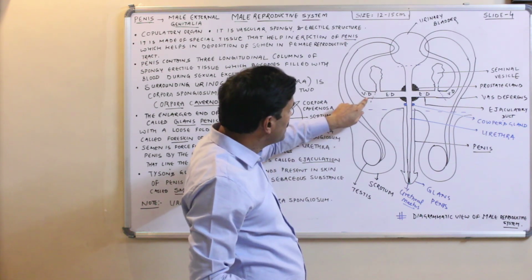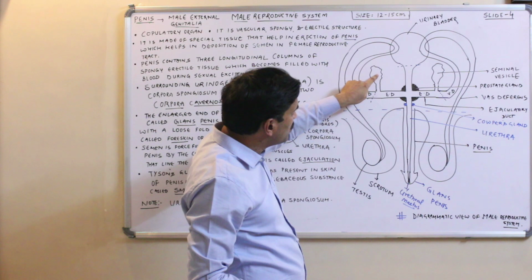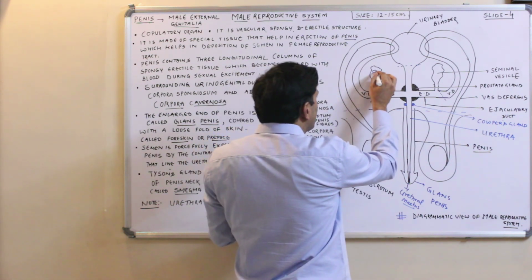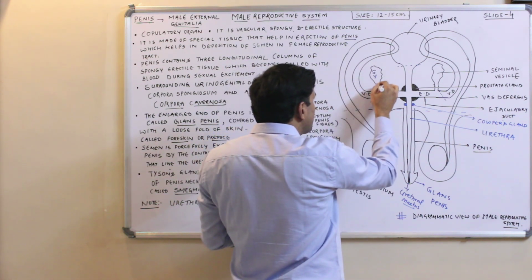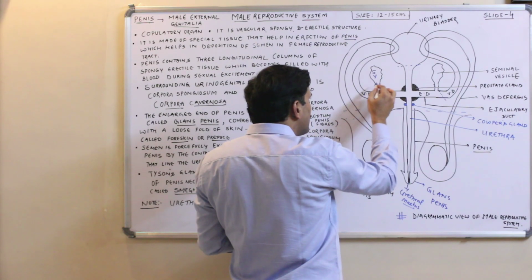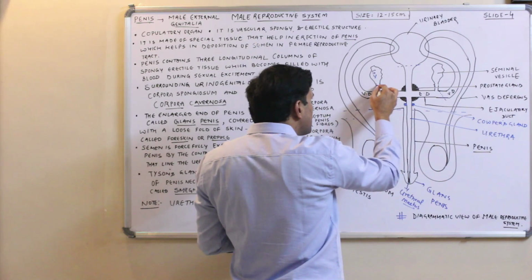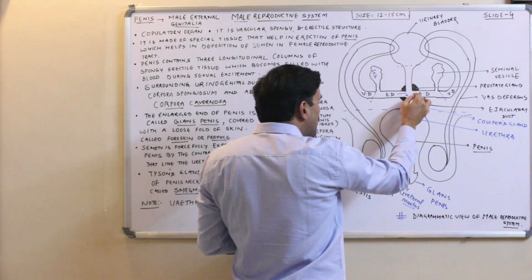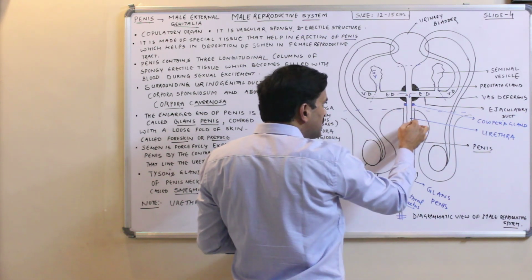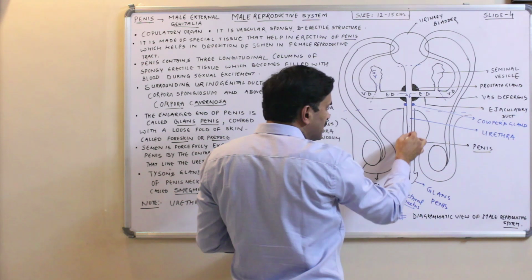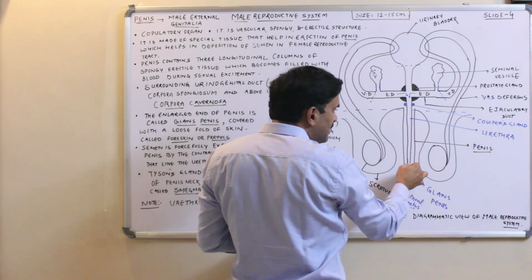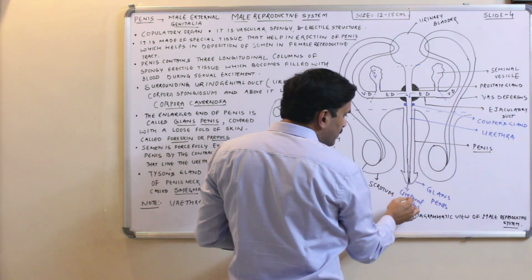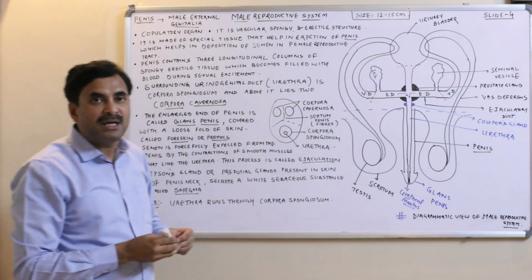So this vas deferens combines with the duct of the seminal vesicle, this is the seminal vesicle and this is its duct, to form the ejaculatory duct. The ejaculatory duct opens into the urethra, and the urethra passes through the penis and opens outside through the urethral meatus.